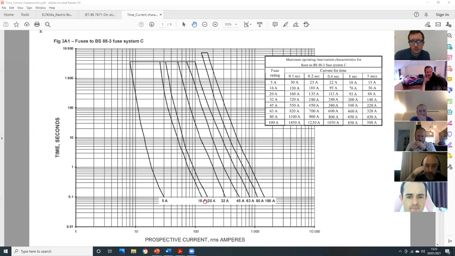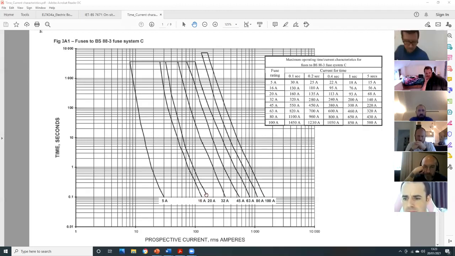Fuses and circuit breakers never, ever operate on their rated current. They're designed not to. If they did, they would be faulty. In fact, you can see that for this type of device, a 16 amp cartridge fuse, it actually takes 23 amps. And from those two values, the 23 amps of minimum operating current and the 16 amps rating, you can work out what's termed historically the fusing factor.